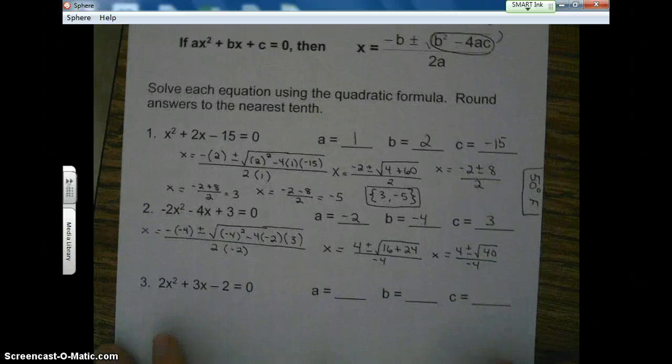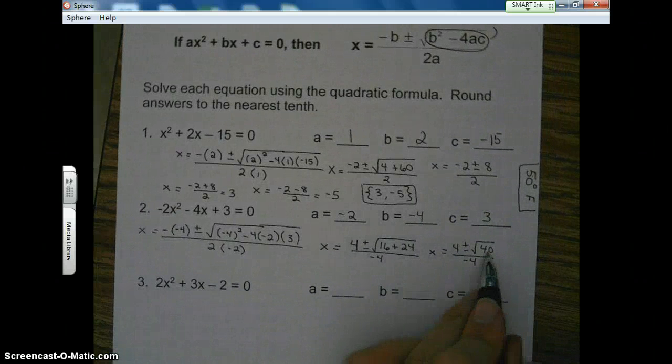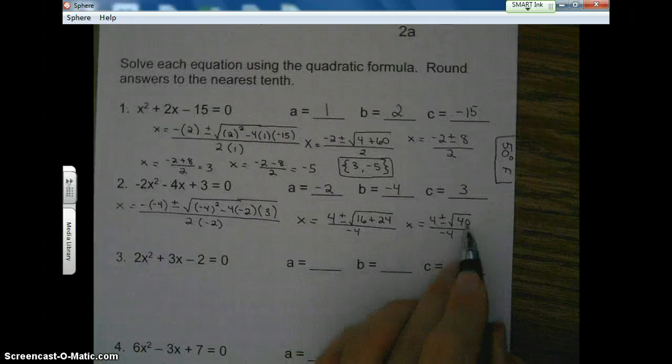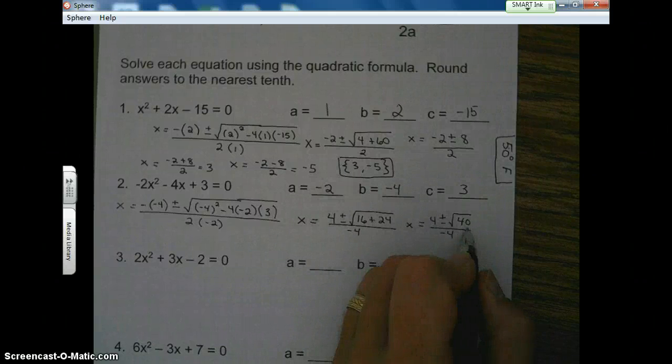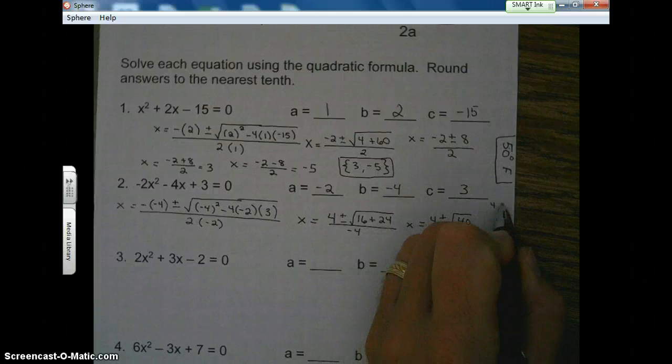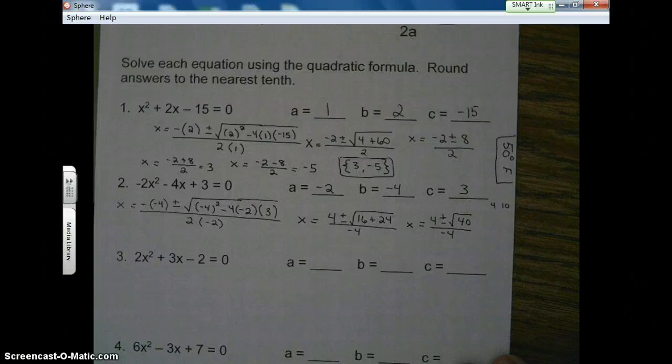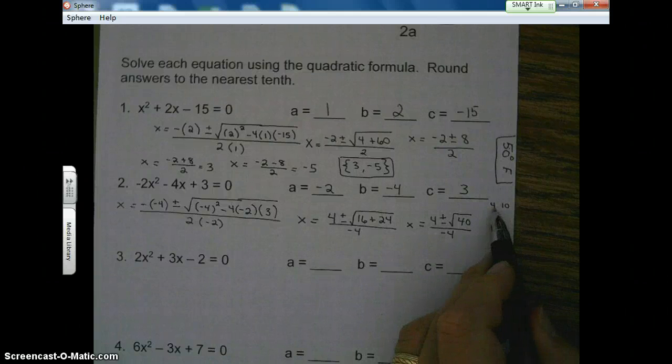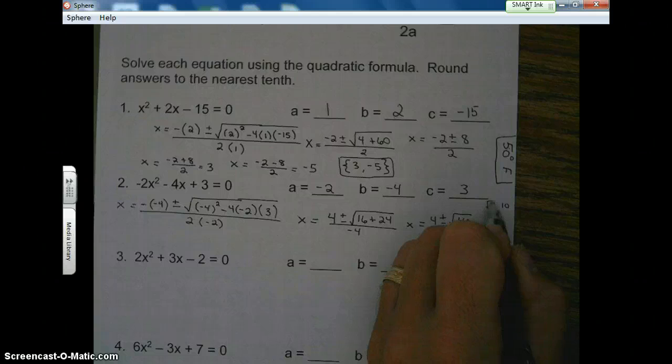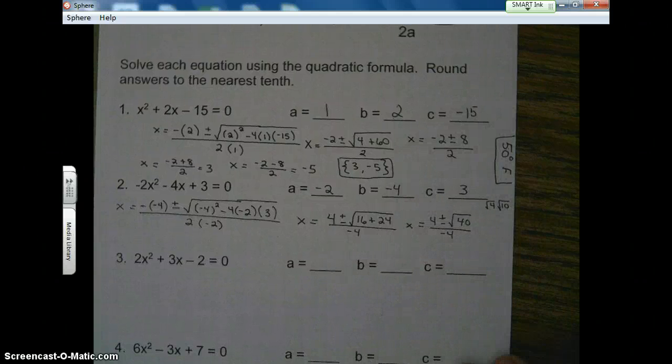Running out a little space here. Now, the square root of 40, it's not a perfect square. So remember, we have to simplify our radical. In the last video I taught you how to simplify. I'm going to go ahead and use 4 and 10 as my two factors. So the square root of 4 and the square root of 10.